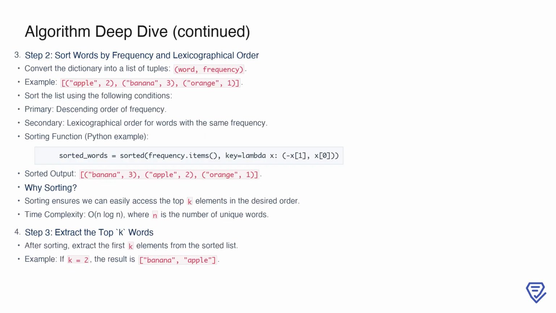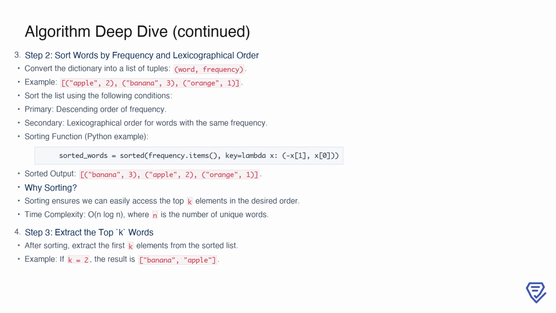Now that we have the frequency of each word stored in a dictionary, the next step is to sort the words based on their frequencies and lexicographical order. To achieve this, we first convert the dictionary into a list of tuples, where each tuple represents a word and its frequency. For example, the dictionary apple: 2, banana: 3, orange: 1 becomes (apple, 2), (banana, 3), (orange, 1).